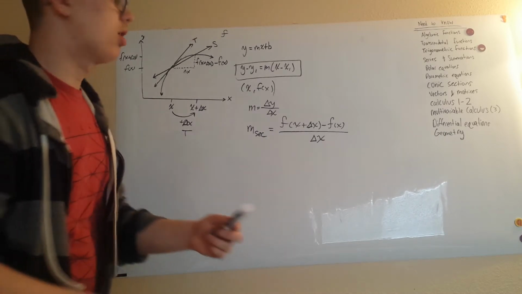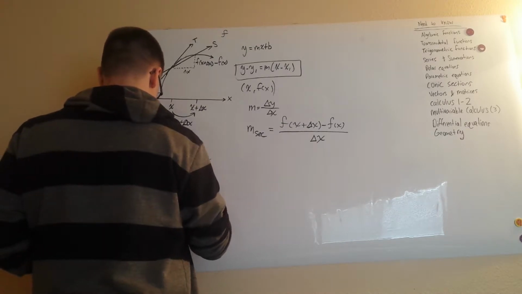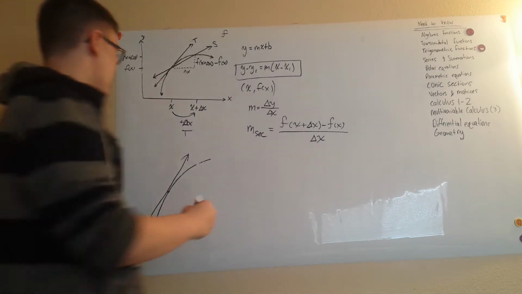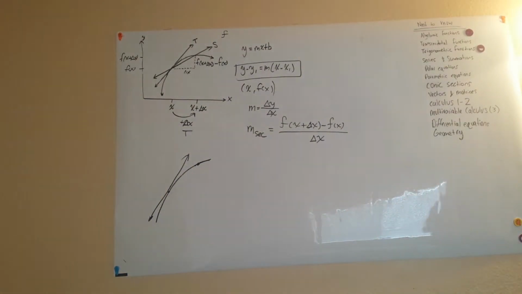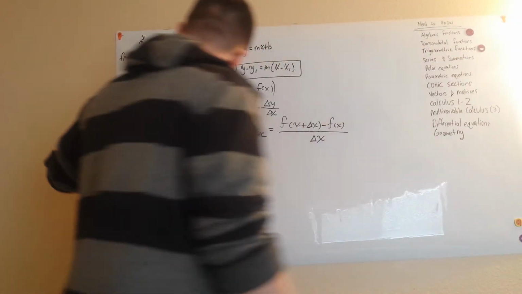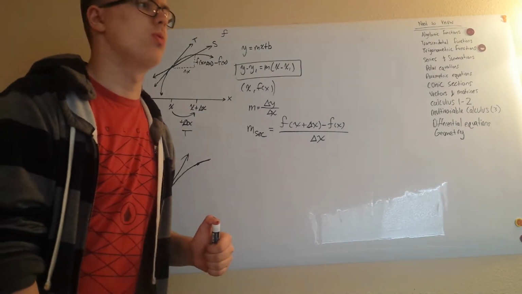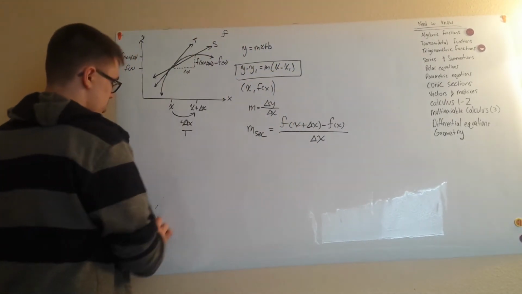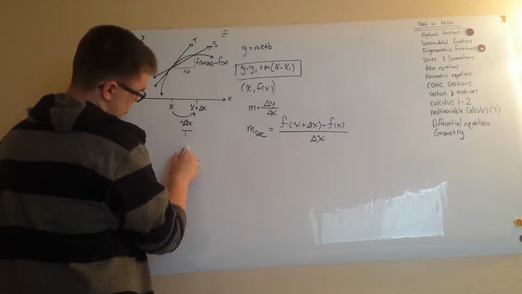I'm going to use my marker, for example. Sorry, that's supposed to touch the graph, but if I have a point, then my secant line, I really wish I had a ruler now. So I'll just do one short enough. That's good enough.